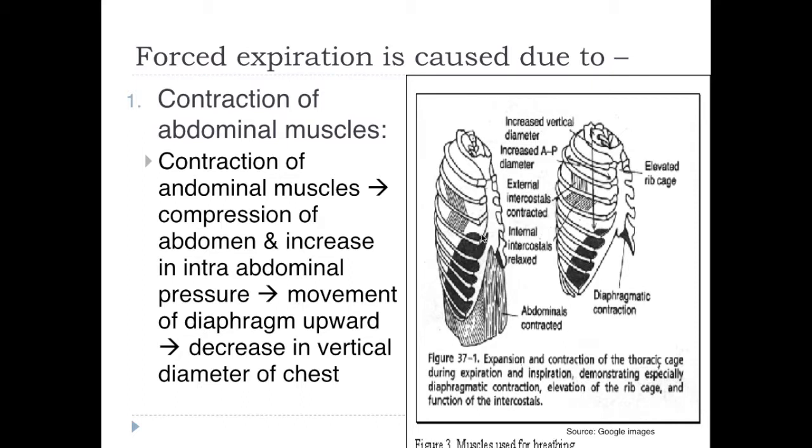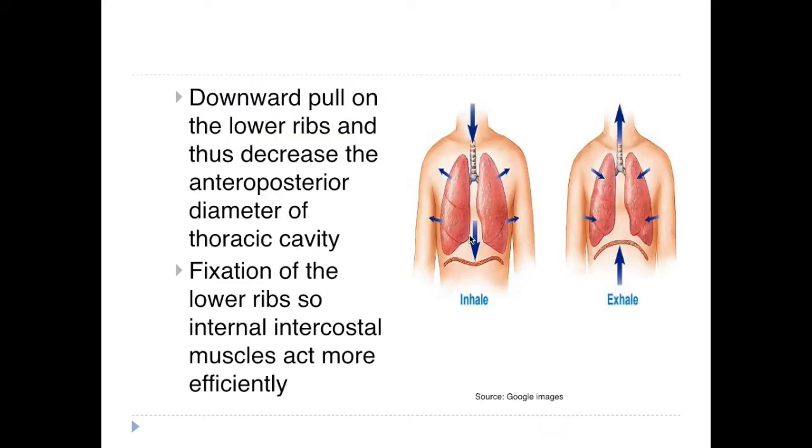So there is a decrease in the vertical diameter. That is the first effect. The second effect is a downward pull on the lower ribs, so there is a decrease in the anteroposterior diameter. The third effect of contraction of abdominal muscle is fixation of the lower ribs, so that the internal intercostal muscle can act more efficiently.